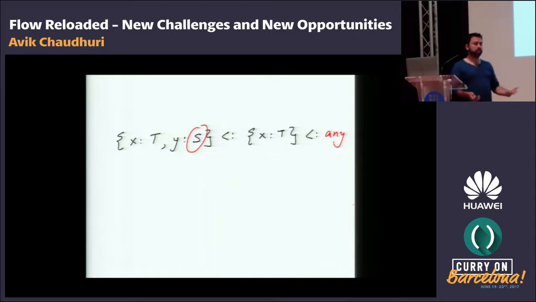With objects, you also typically have a width subtyping rule that allows you to lose some information. This is the basis of abstraction in a lot of languages. So if you have an object with an x property and a y property of different types, you can forget that it had a particular property. You can cast it to this smaller type, which is x colon t, and now you've forgotten that you had a y property.